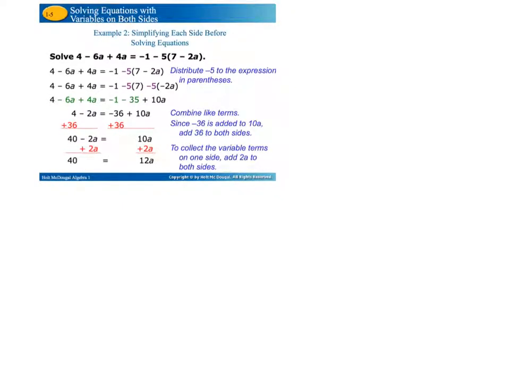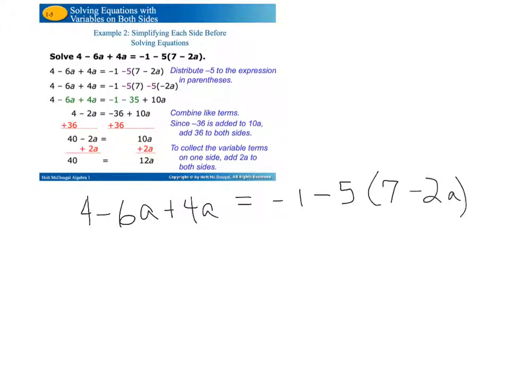Okay, we have 4 minus 6a plus 4a equals -1 minus 5 parentheses 7 minus 2a. So we've got to do a lot of things here before we can even begin to start our inverse operations.